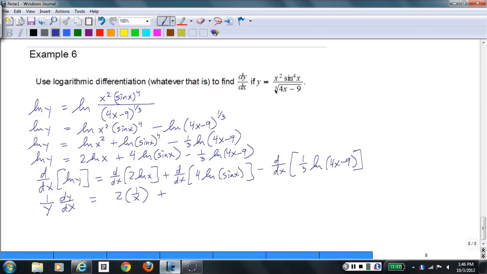A little bit of chain rule. d/dx of 4 natural log of sine x is going to be 4 times 1 over sine x times the derivative of sine x, cosine x, minus 1/3 times 1 over 4x minus 9 times the derivative of 4x minus 9, which is 4.